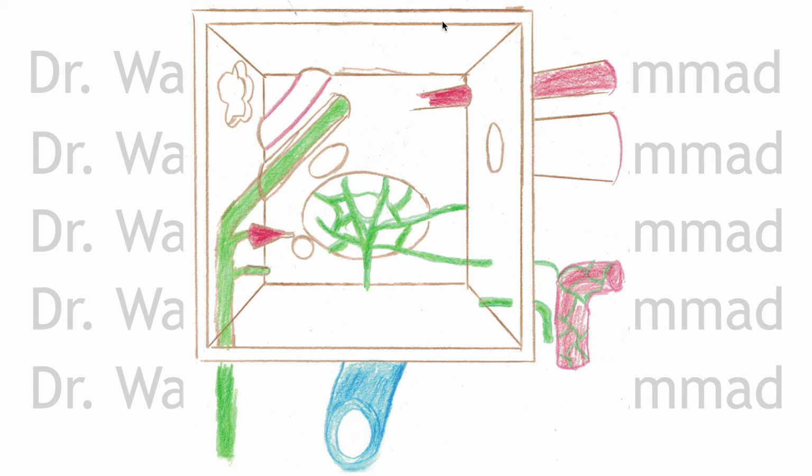This is a diagram for the middle ear. I thought it will explain much of the details. This is the anterior wall with the two openings, tensor tympani and the tube. And see the exit of the chorda tympani here. See the entrance of the branch from the internal carotid. See the exit through the anterior wall of the lesser petrosal nerve.